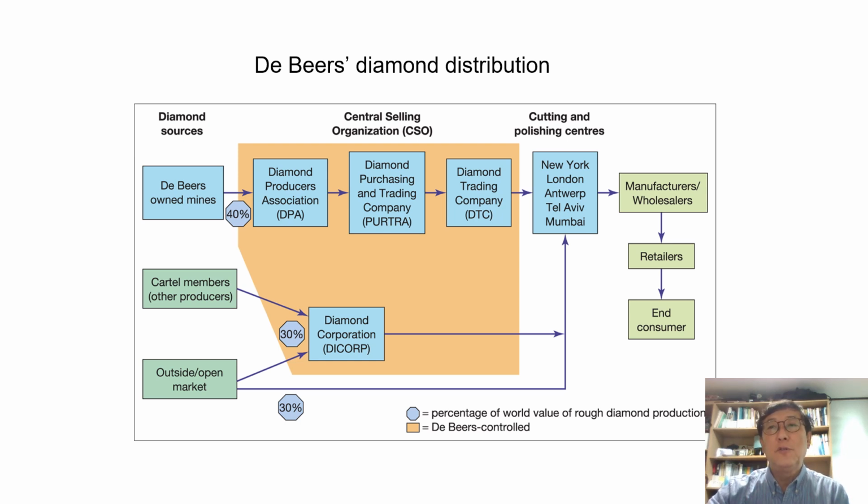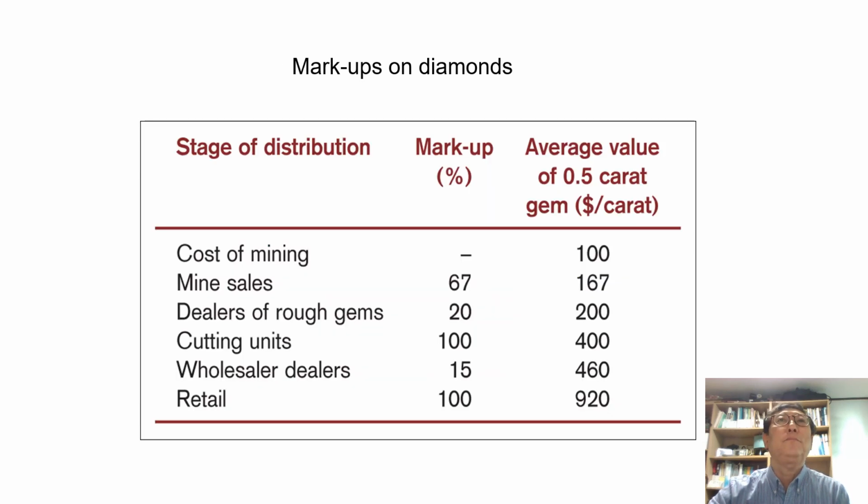So their distribution markups are very interesting. Take the cost of mining a 0.5 carat gem diamond. The cost of mining in Africa, for example, is $100. The mine sales company buys at 100, and then adds a 67% margin.